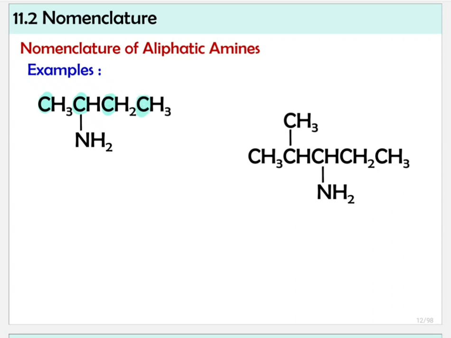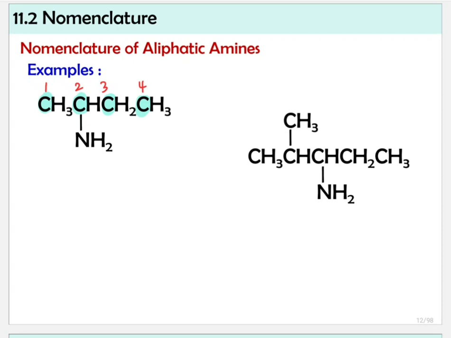And for the numbering, kita nak bagi nombor yang rendah dekat NH2, so kita akan start dari sini lah. So, 1, 2, 3 and 4. So, at carbon number 2 ada NH2.